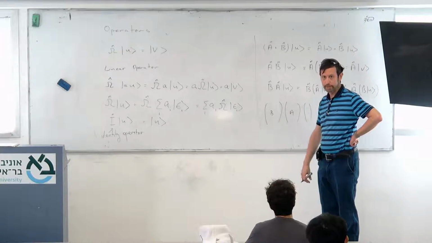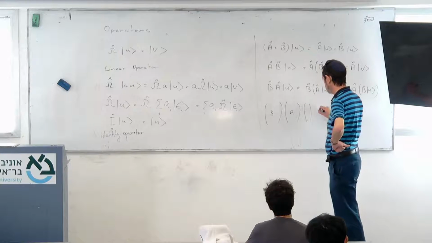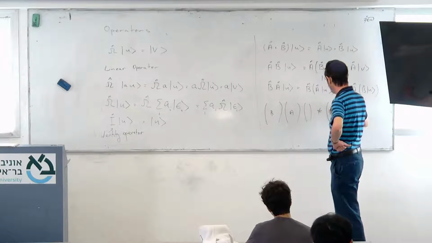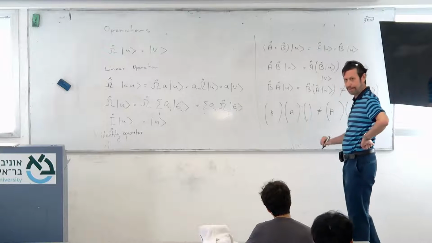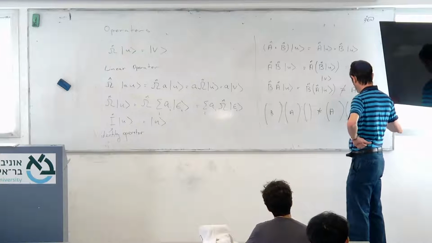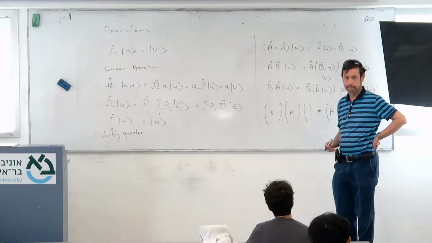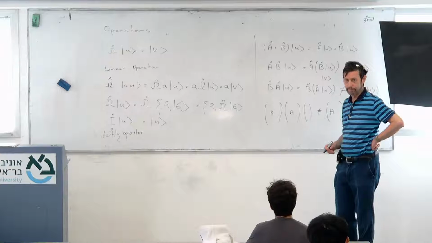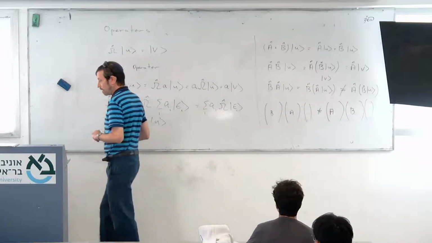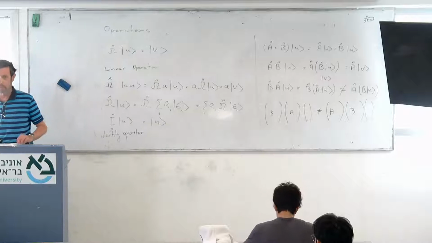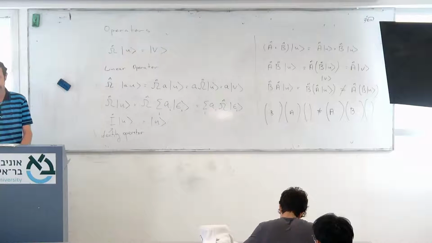We know already from matrix multiplication that matrix A times matrix B is not equal to matrix B times matrix A. This has extremely important consequences in quantum mechanics.